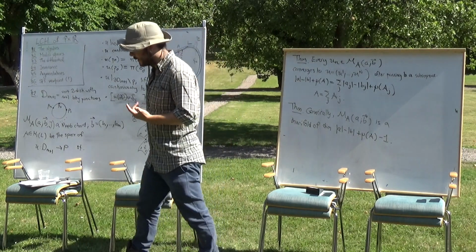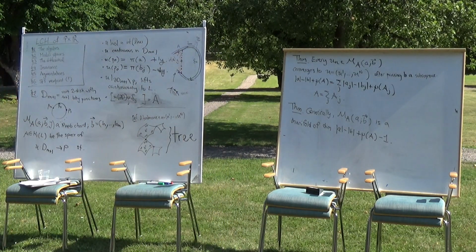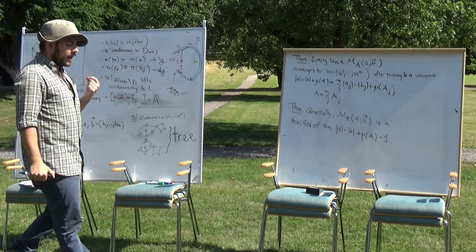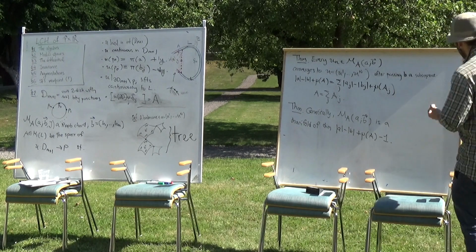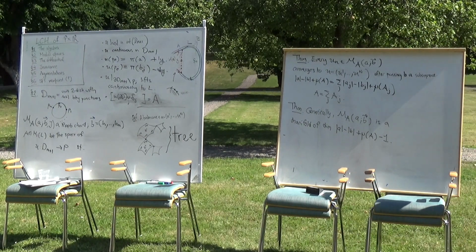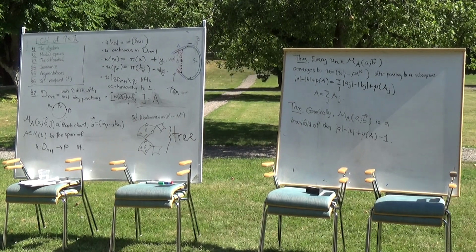So a word about regularity. The reason why Legendrian contact homology can be well defined without using virtual techniques is that there are no periodic orbits and there's no multiply covered stuff.